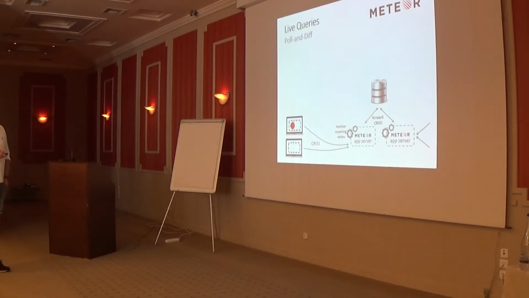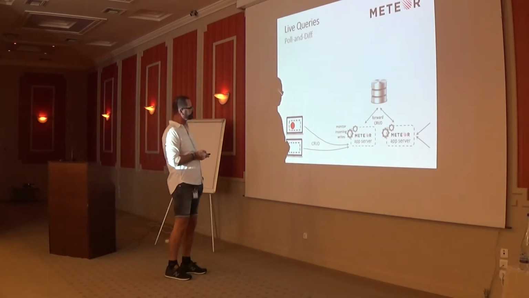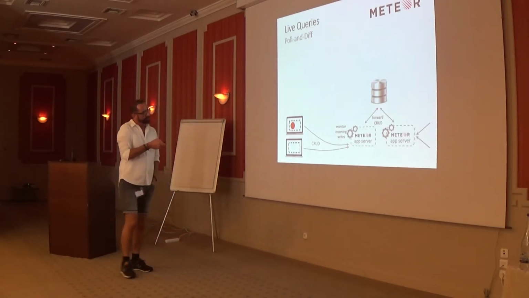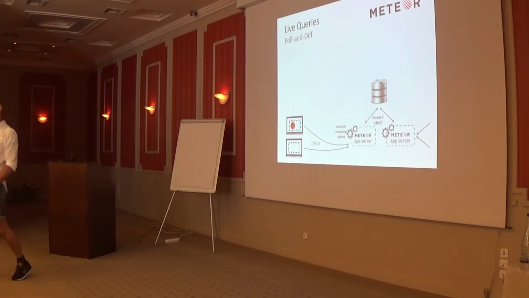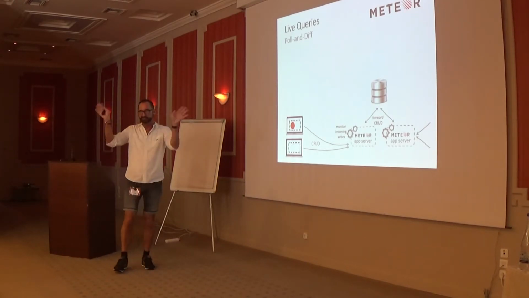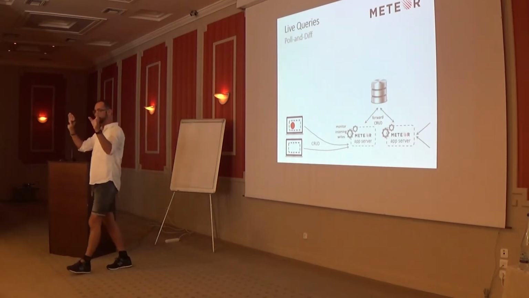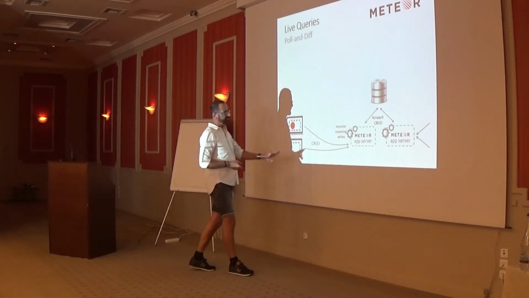So, how does Meteor provide real-time data management? You have the MongoDB, which is in charge of managing all the data. This can be highly distributed and have everything MongoDB is providing. And then we have the application servers.